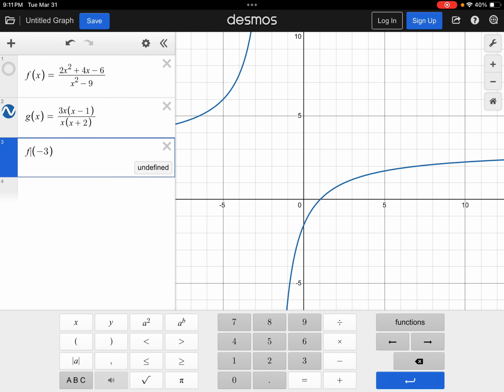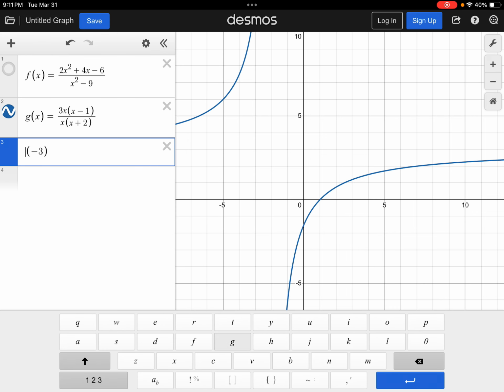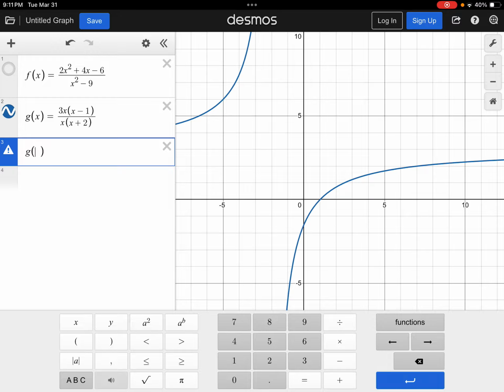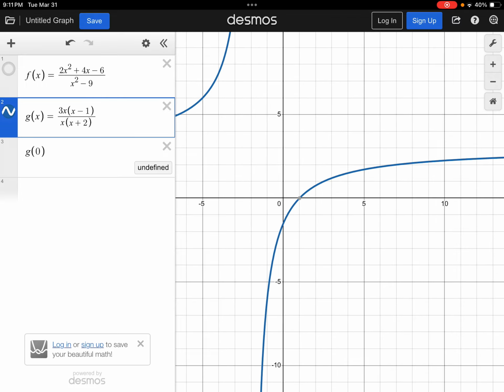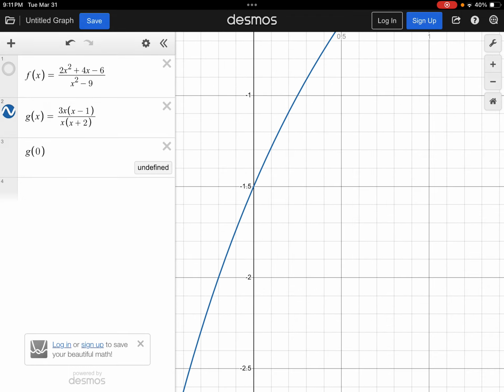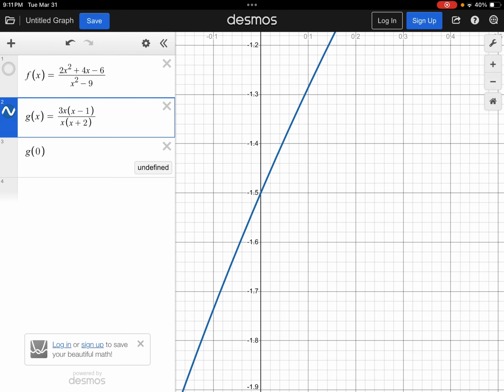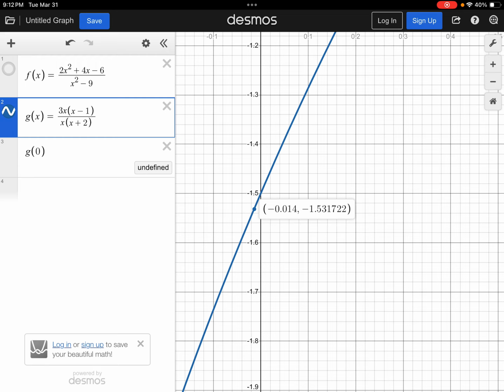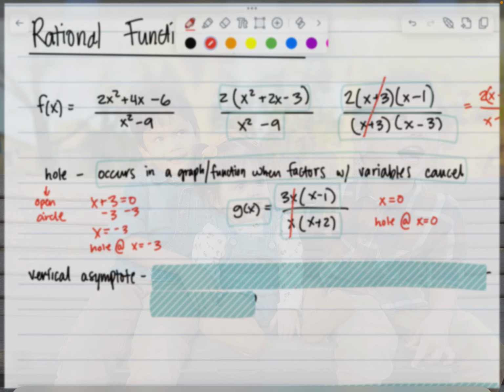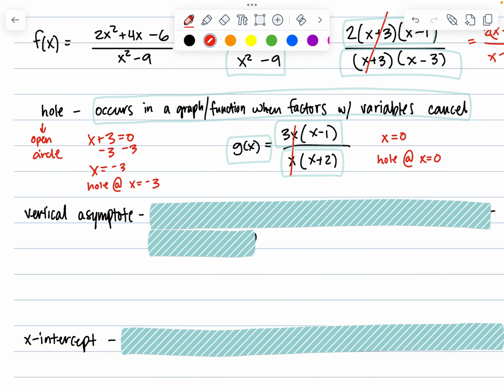If I change this to g of 0, because they cancel out at 0, you can see it's undefined here as well. It looks like it's there in our graph, and even if I zoom in all the way, it looks like it's there. But if I try to calculate it, for that split second, there you go, undefined.